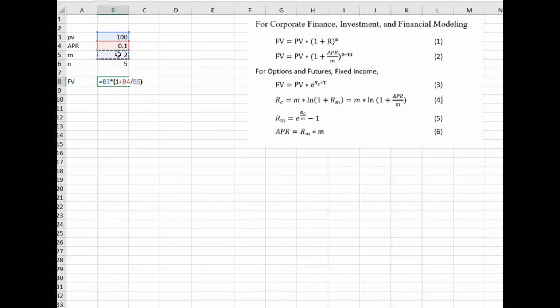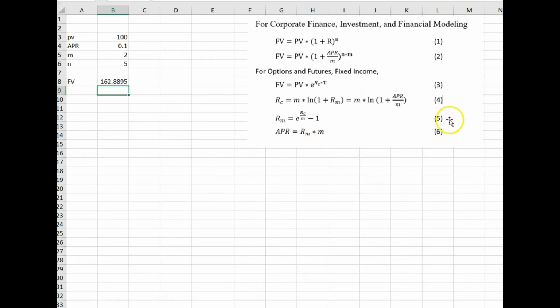The power is not 5 years, it's 10 periods, because 5 times 2 is 10. The future value is $162.89. So this is based on equation number 2.